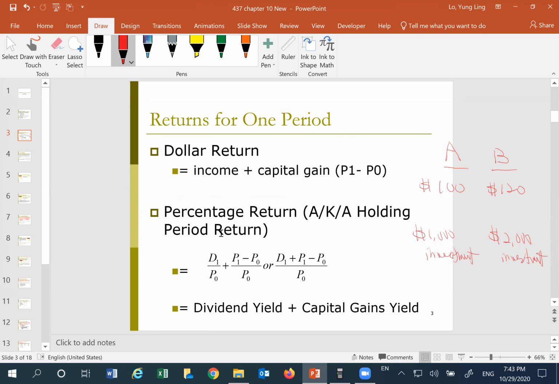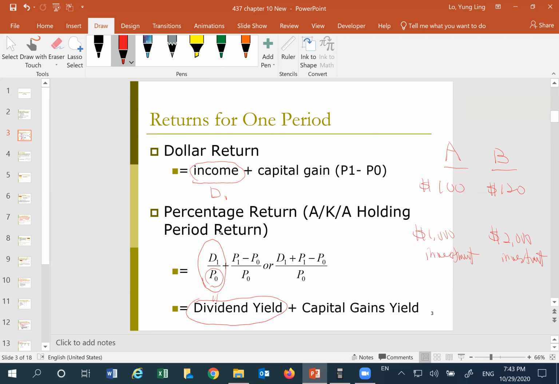So if we divide your income, which is the first component of your dollar return, by your initial investment, also known as P0, your income is notated by D1, okay? So if you use your income and divide by P0, that will give us the dividend yield, which is basically your income divided by your investment or begin price.